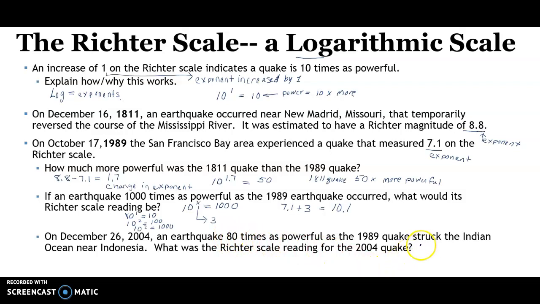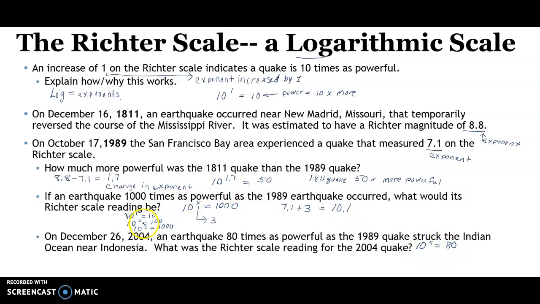So this means that we need to know what exponent is going to result in a quake that is 80 times as powerful. In the previous question, we had set up 10 to the x equals 1,000, but now we have 10 to the x equals 80.